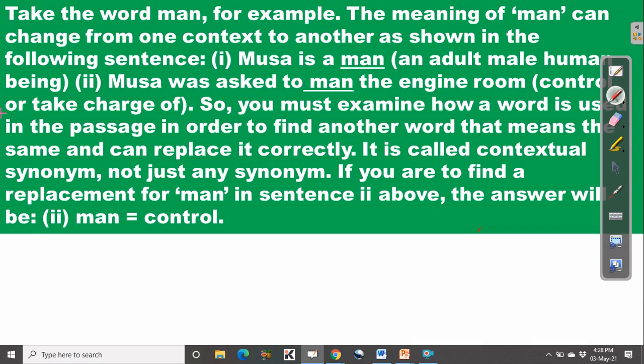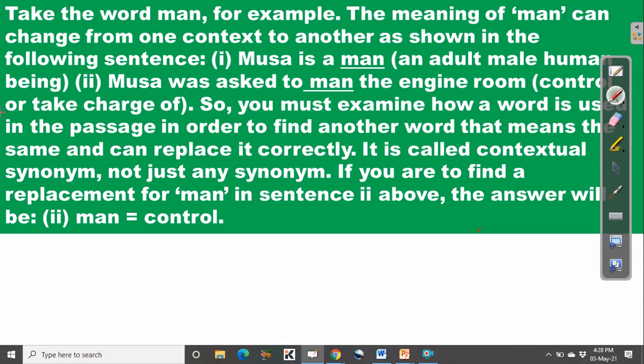Musa was asked to man the engine room means that Musa was asked to control or to supervise or to take charge of the engine room. So you must examine how a word is used in the passage in order to find another word that means the same and can replace it correctly. That's why it is called contextual synonym, not just any synonym. If you are to find a replacement for man in sentence 2 above, the answer will be man equals control.